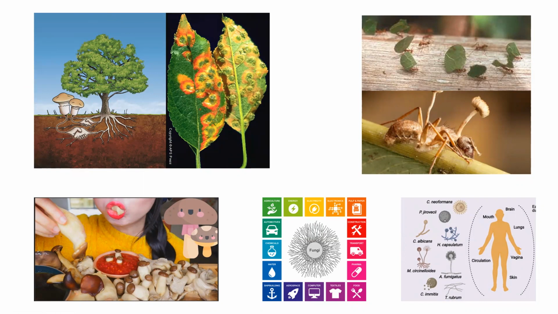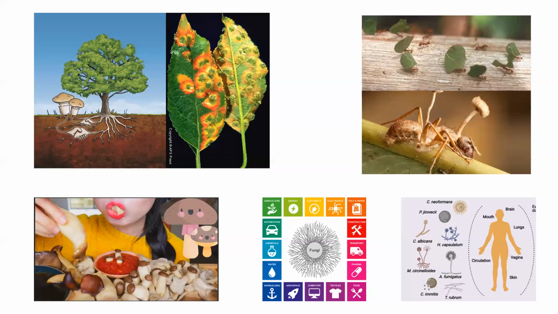There's actually a lot of plants that cannot grow unless they're associated with fungi. And through this relationship, fungi facilitate sugars and nutrients to the plant. And then in return, the plant will also provide some sugars to the fungus.